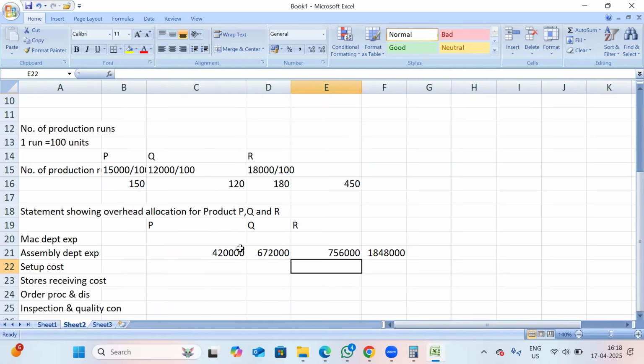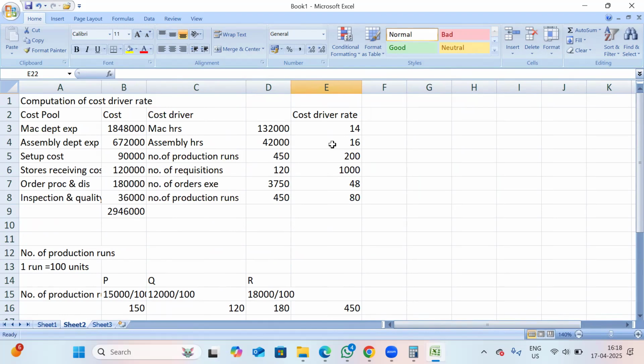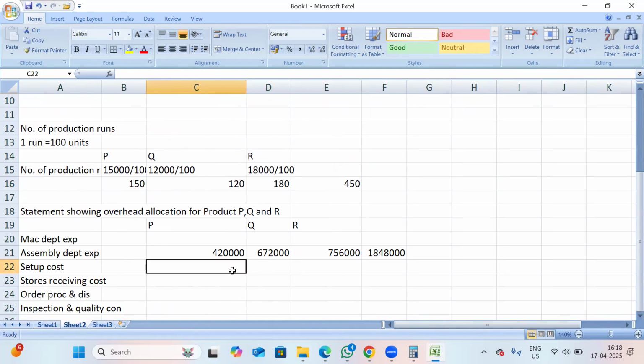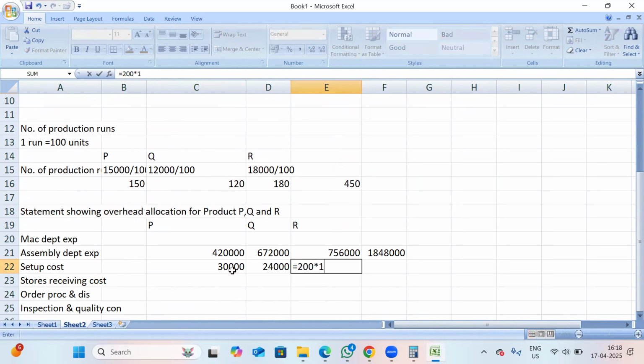Then setup cost. I have calculated 200 rupees as my cost driver. Here I already calculated 150, 120, 180. Based on that, we have to multiply 200 into 150, 200 into 120, 200 into 180. So 90,000. Then assembly cost.